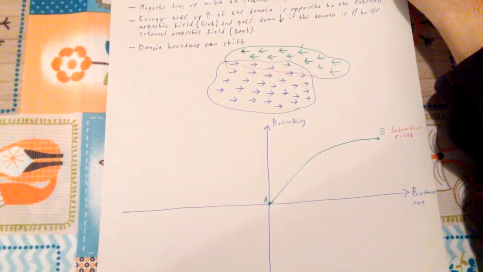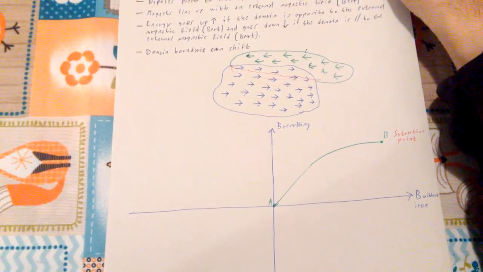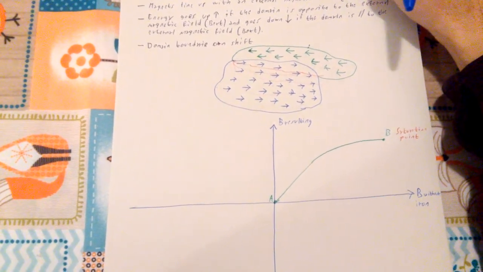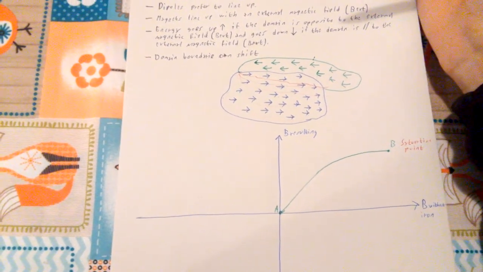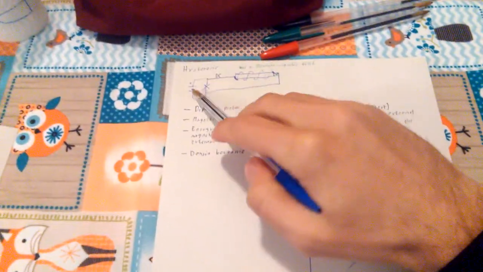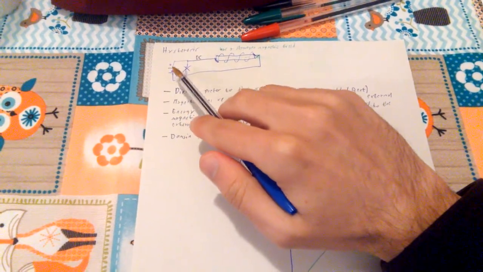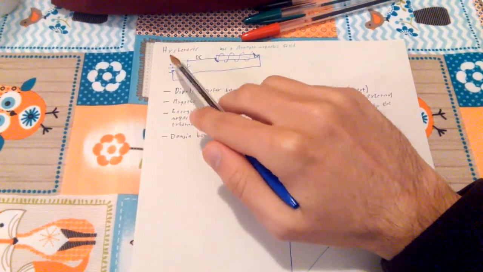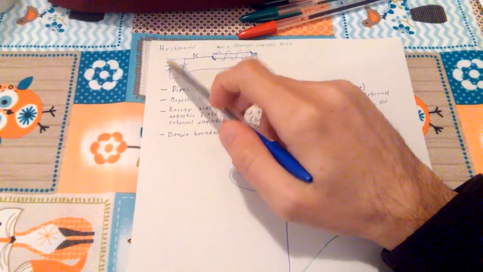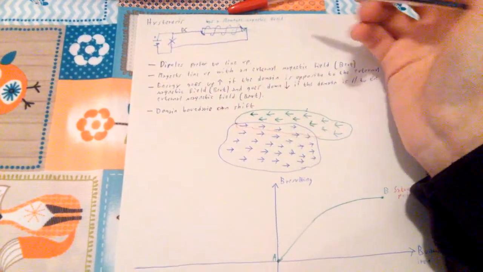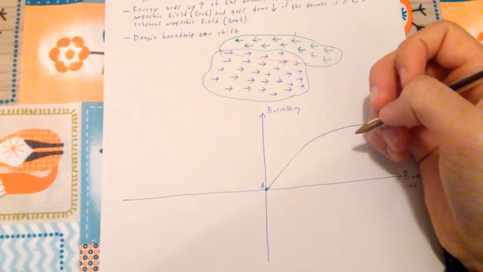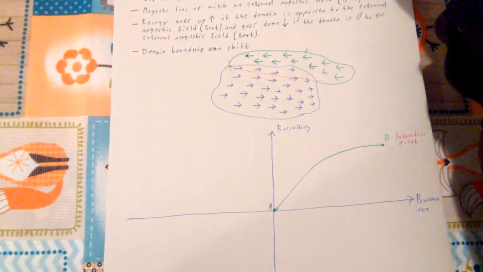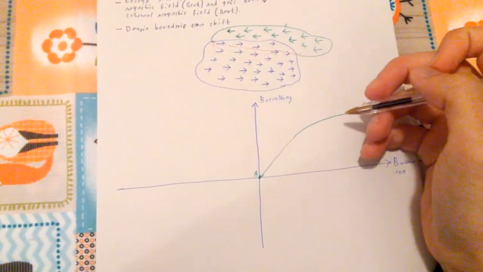Now, what happens if I say, okay, fair enough, I'm happy with this. Now I'm gonna remove my power source, my battery, and I'm gonna stop the current from flowing. Let me use black as a color.